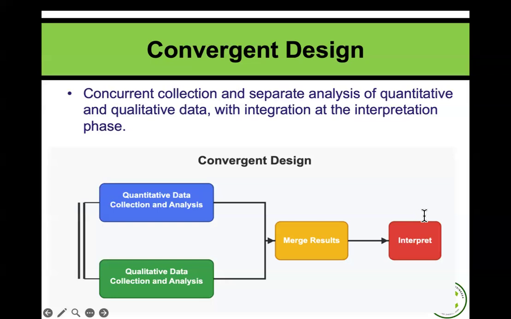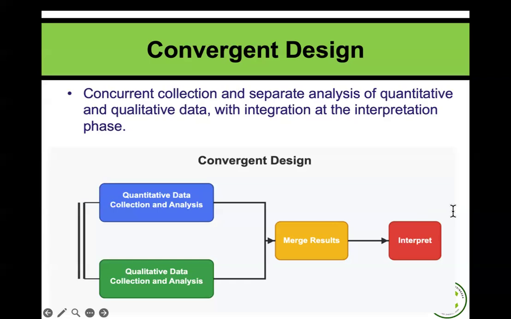This is where researchers actively compare and contrast the findings, looking for confirmation where the findings from both methods agree, looking for expansion where one method adds depth to the findings of the other. And sometimes the researcher may be looking for what we refer to as discordance, where the findings appear to contradict each other.